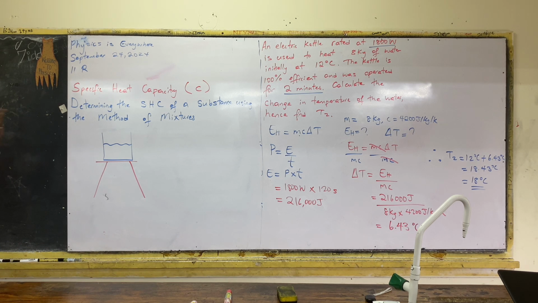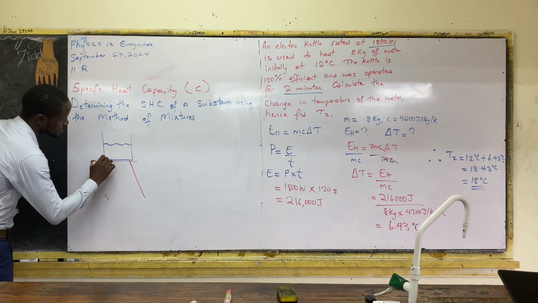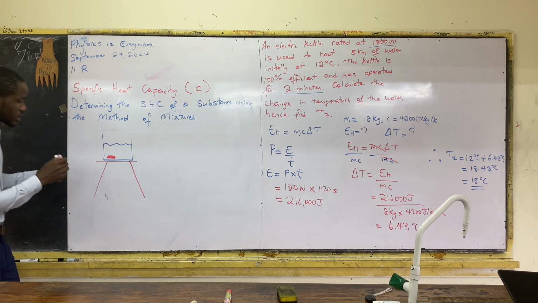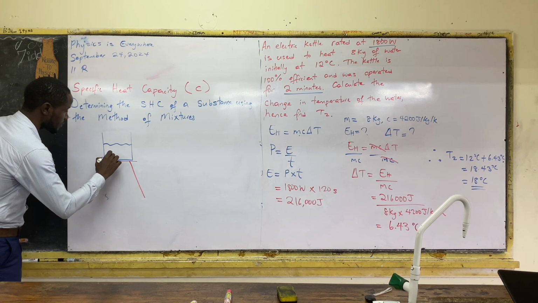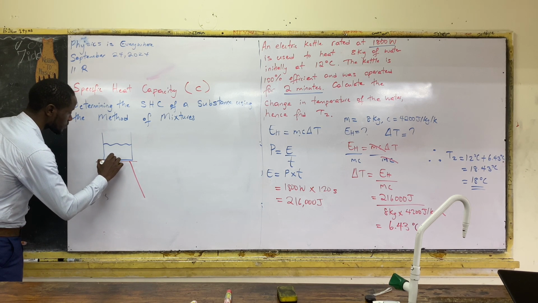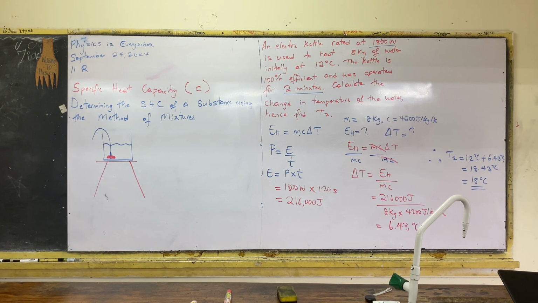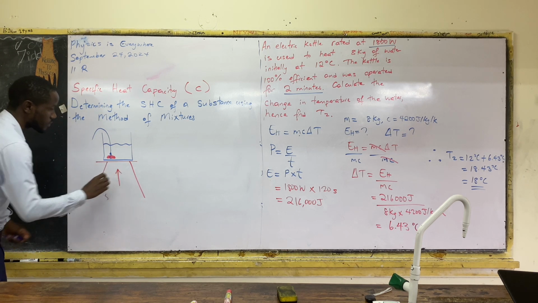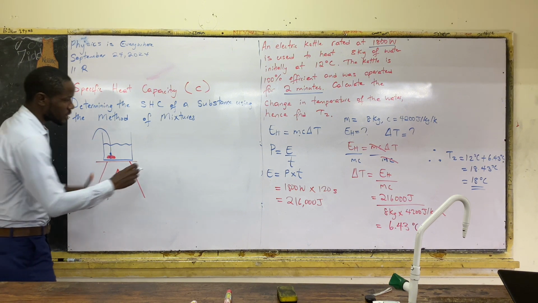Now, let's say we're trying to find the specific heat capacity of a metal, like a piece of brass. So we're going to have this, something like that, and we have this tied to a string. Right? And we're going to be supplying some heat. Right? And let's say we have a container.